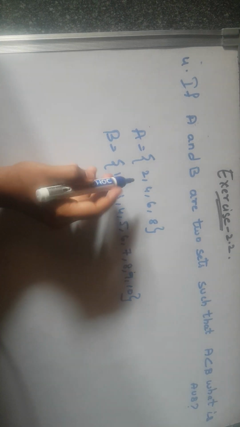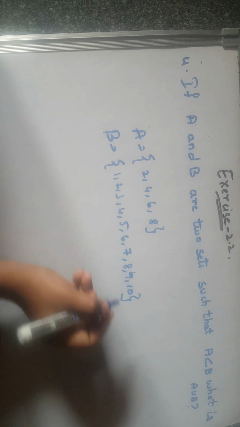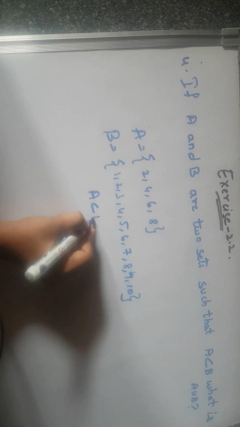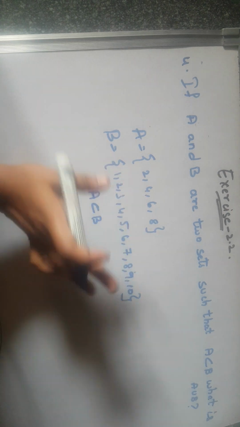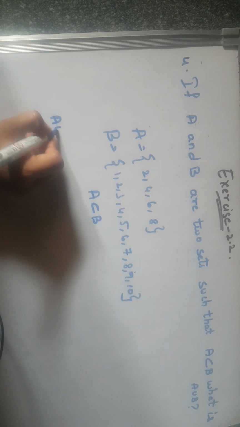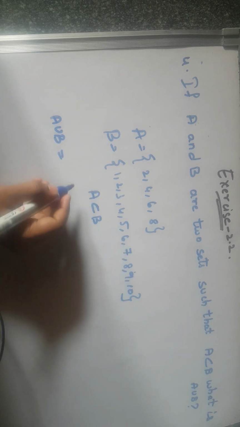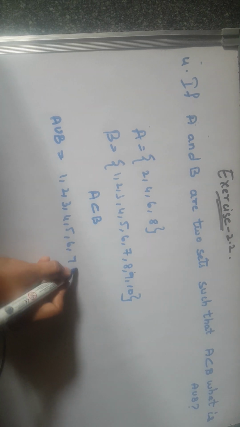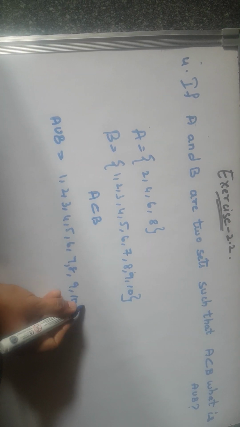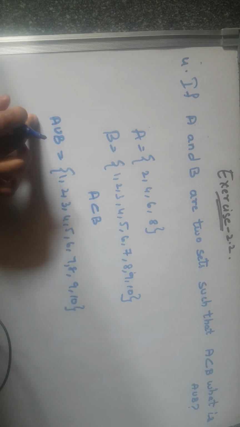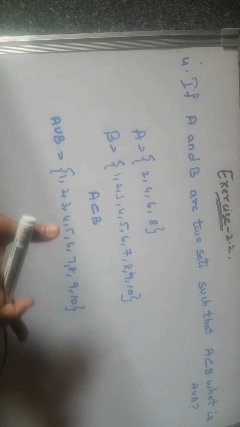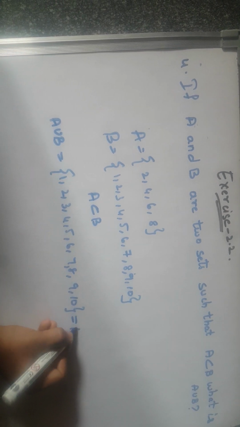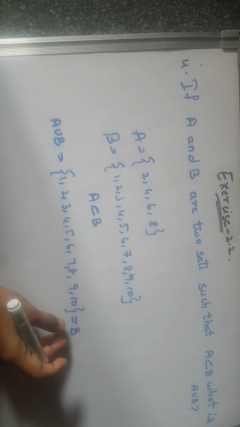So all the elements of A should be present in B. This is A is a subset of B, where all the elements of A are present in B, and we have to find A union B. A union B means 1, 2, 3, 4, 5, 6, 7, 8, 9, 10. All the elements of A and all the elements of B together form the union of the set. So what will this value be? This value comes as B.